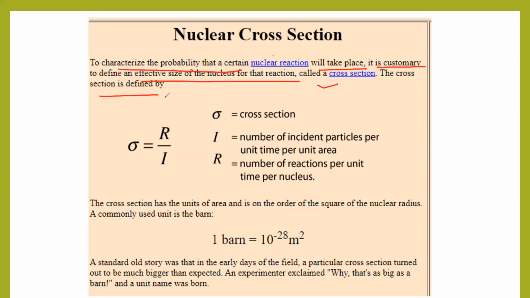So that size is the cross section, and it is defined as sigma equals R by I, where sigma is the cross section, I is the number of incident particles per unit time per unit area, and R is the number of reactions per unit time, and it is generally expressed in barn, where one barn is 10 raised to the power minus 28 meter square. So this is the nuclear cross section. In simple words, the nuclear cross section is the probability of a nuclear reaction for a nucleus; the effective size of the nucleus is known as the cross section.